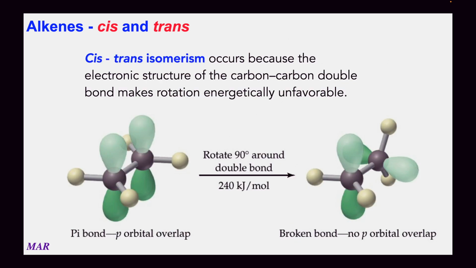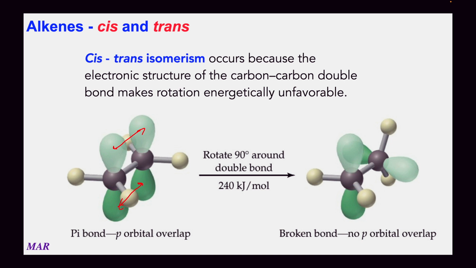This just shows how going from cis to trans, it takes a lot of energy. It's like in this example, it's about 240 kilojoules per mole, and that's a lot of energy. Now in this representation, pi bonds are basically going left and right on both the top and the bottom. So my two arrows there represent one pi bond. And to break that pi bond takes a lot of energy, 240 kilojoules.